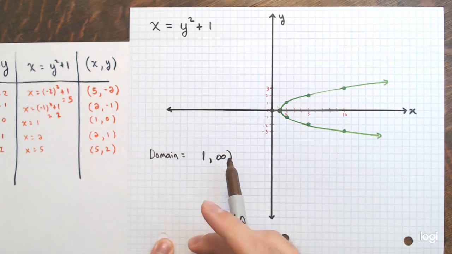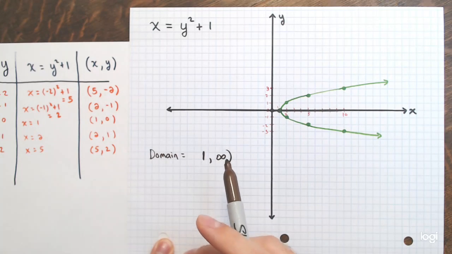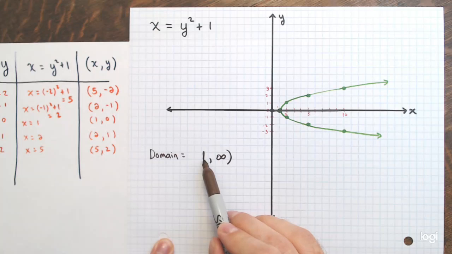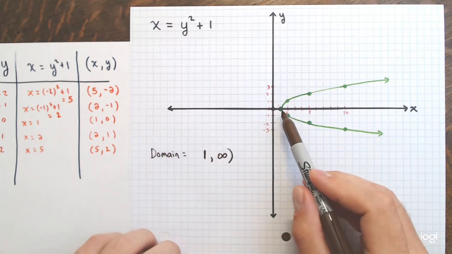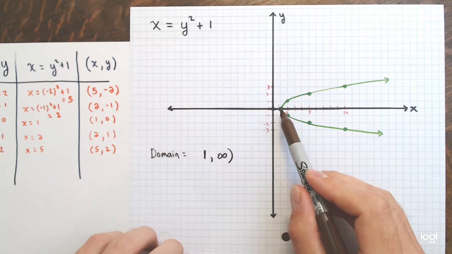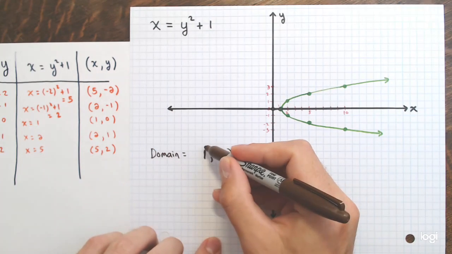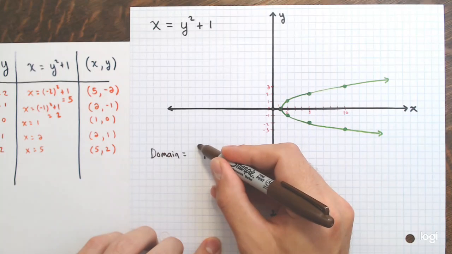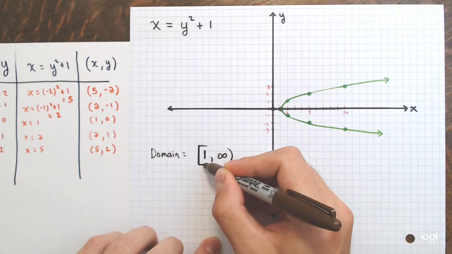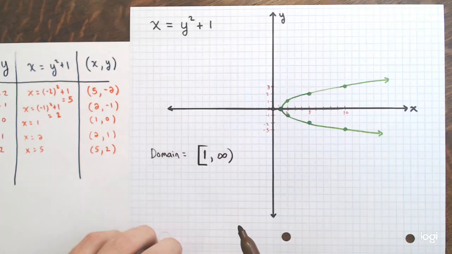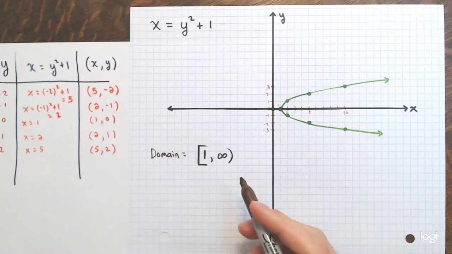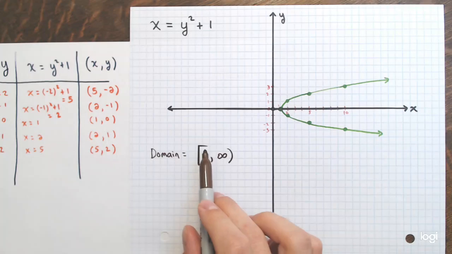Infinity is not a number; it's just an idea. 1 though, like the previous example, the number 1 is in the domain. 1 is the x-coordinate of this point, 1, 0. So I indicate that 1 is in the domain with the square bracket here. All right. Great. So there's the domain, all the numbers greater than or equal to 1.